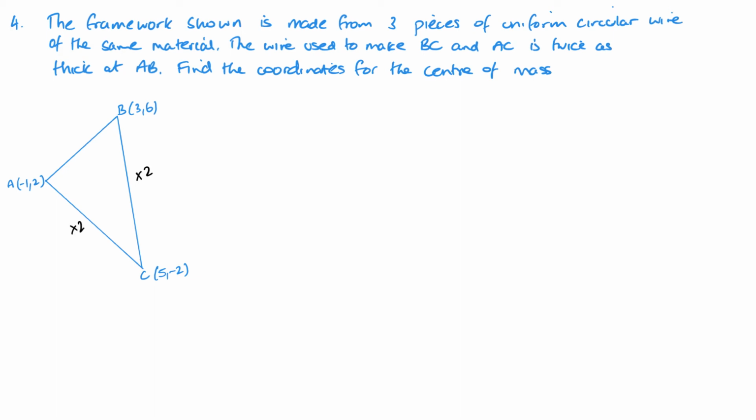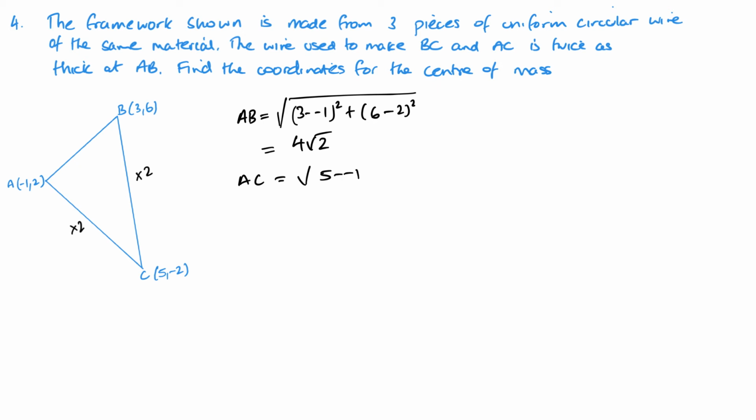So what I want to do here is go ahead and find the lengths. Let's start with the length AB: difference in x's squared plus difference in y's squared and then square rooted. So AB is 4 root 2. AC, again, very much the same thing: 5 minus 1 squared plus minus 2 squared.